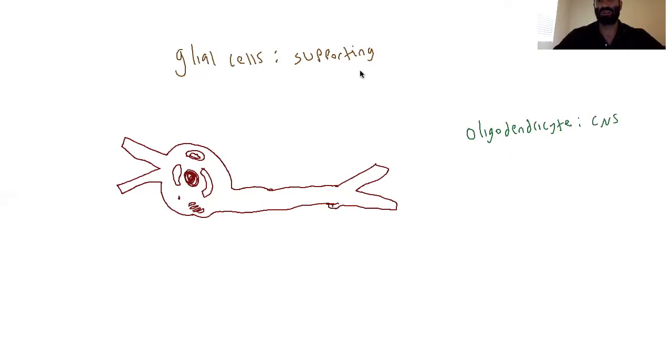And the other one is going to be the Schwann cell, and that one is going to be in the peripheral nervous system, or PNS. They're basically very similar in function.